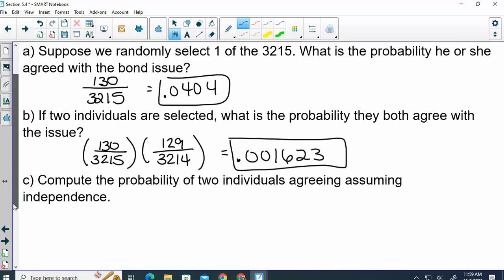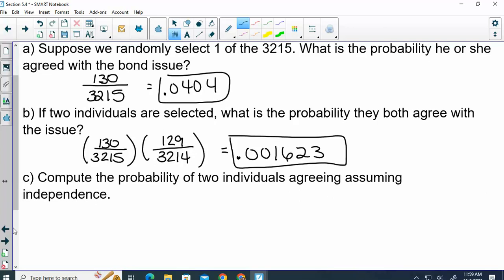So it's pretty unlikely that they both agree. What do we call that? Unusual. Anything less than 5% is unusual. How many times have I asked you guys that? Maybe it's going to stick. We get it. All right, C.